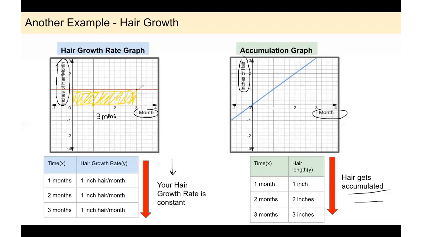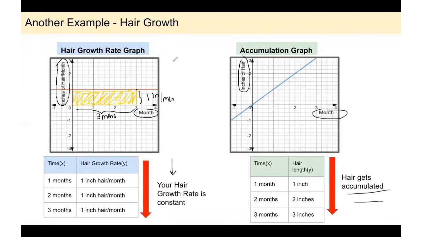So my height of this rectangle is going to be 1 inch per month. Again, this is the base, 3 months, and my height is 1 inch per month. Let's do that multiplication to see whether the area of this rectangle will give us the accumulation of hair growth over the next 3 months.